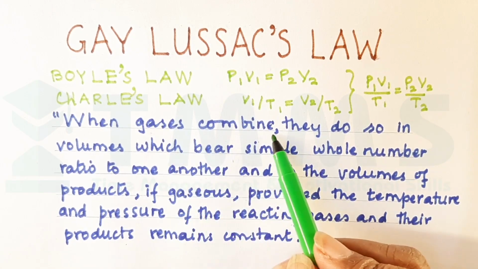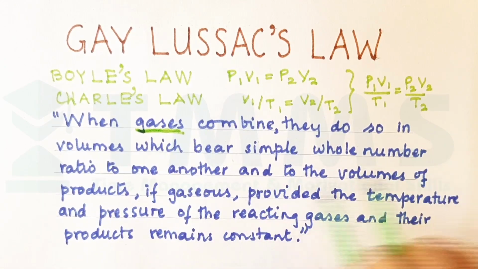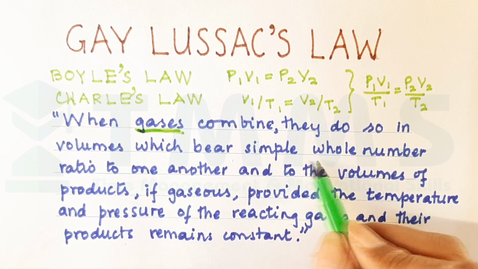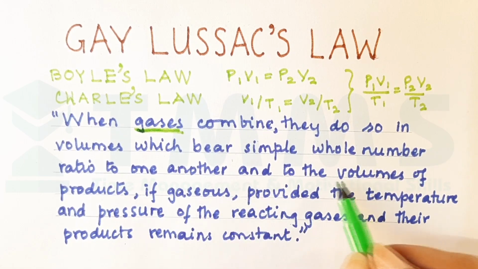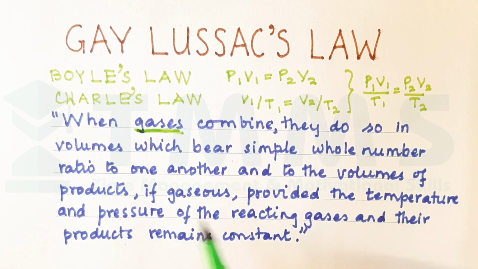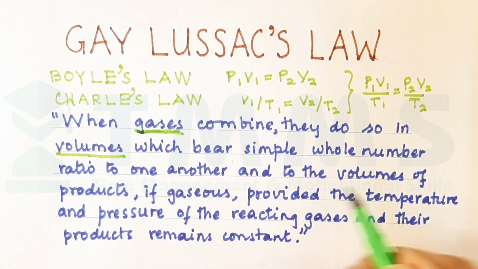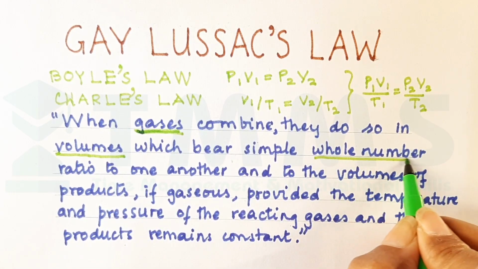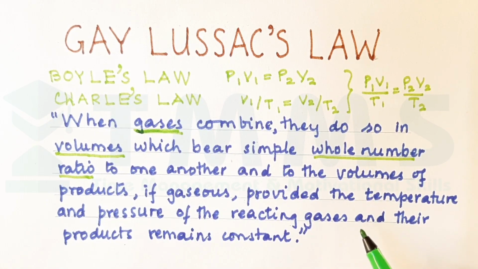When gases combine, they do so in volumes which bear simple whole number ratio to one another and to the volumes of the products if gaseous. So you see that we talk about the volumes, and the volumes bear simple whole number ratio, which means there will be no fractional ratio.